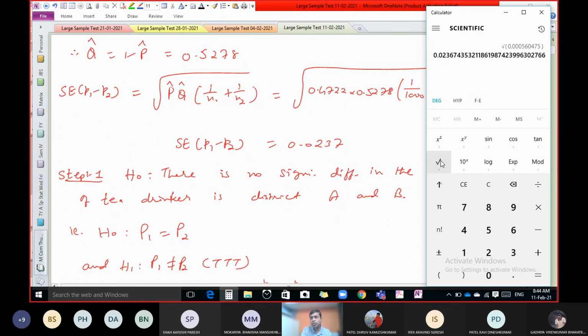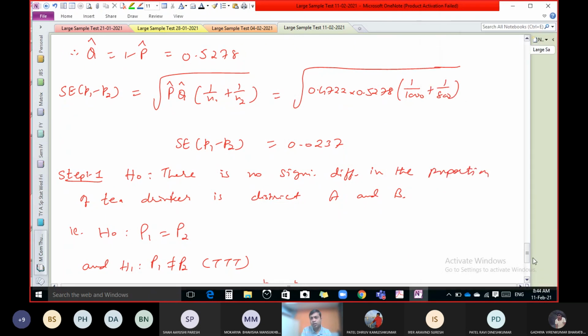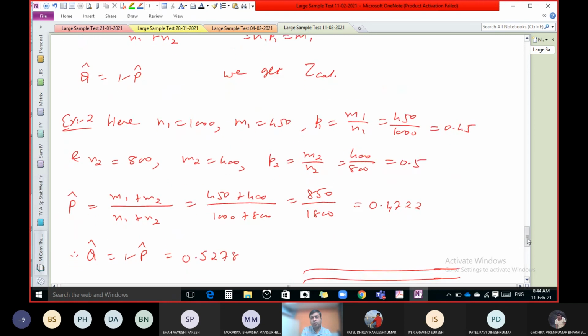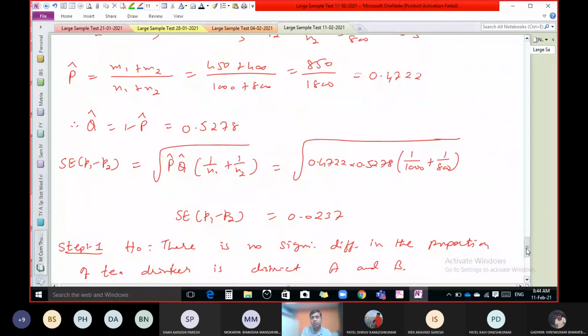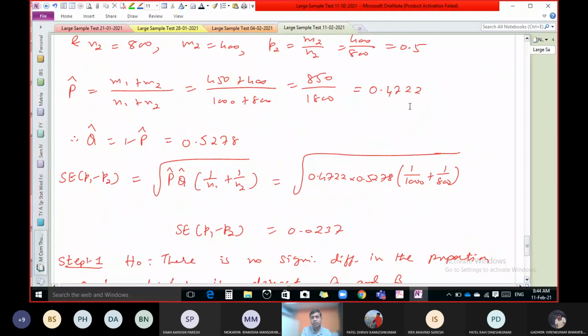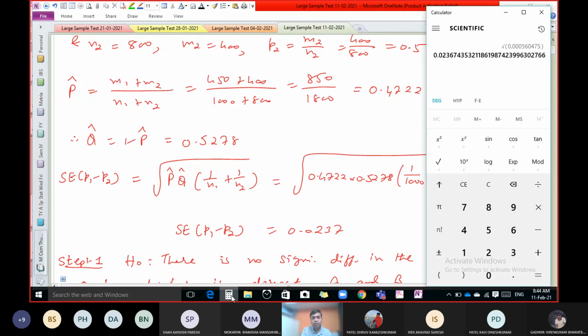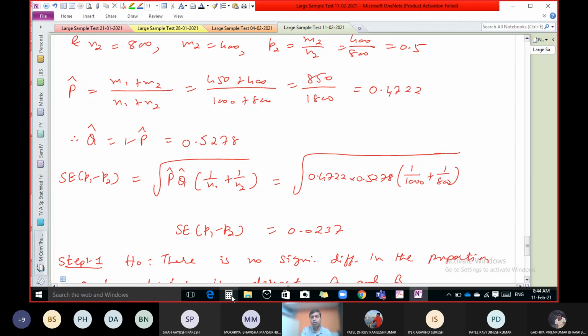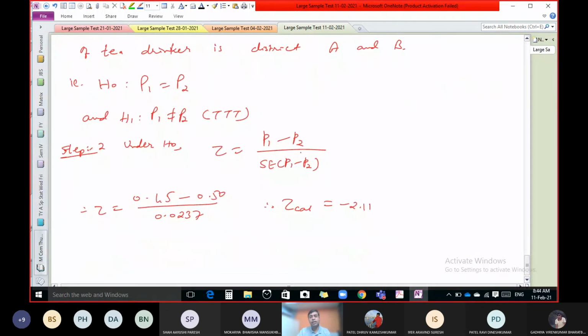It is 0.0237. That is true. Now let us check the other calculation. 850 divided by 1800, so we get 0.4722. So the standard error of P1 minus P2, 0.0237, is true, and we get Z cal as minus 2.11.